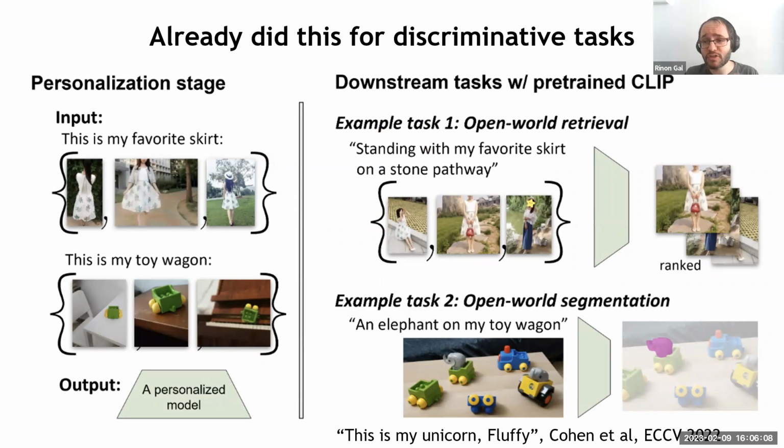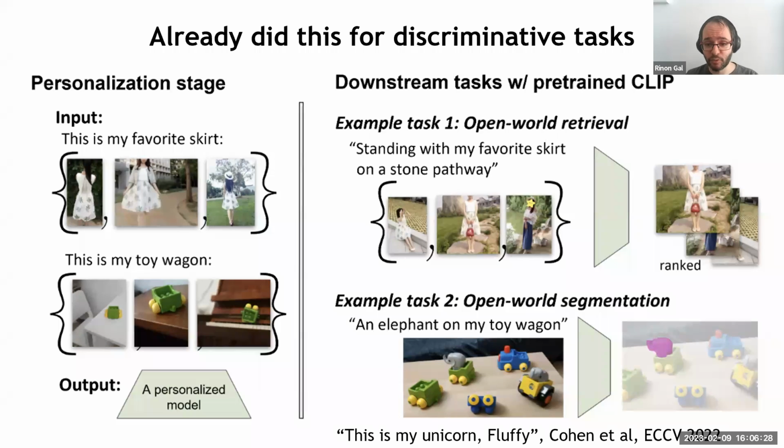Okay, so for those of you who don't know, at a very high level, CLIP is a model that takes an image and some text and tells you how similar they are to each other. And you can use it to do many things like open vocabulary image retrieval, classification, segmentation.